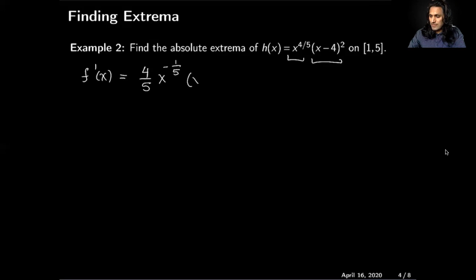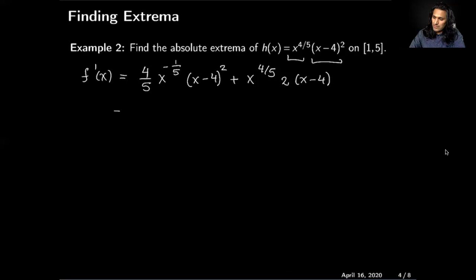The second term stays as it is, (x minus 4) to the power 2, and then x to the 4/5 as it is. And the derivative of the second function is going to be 2(x minus 4) to the power 1.